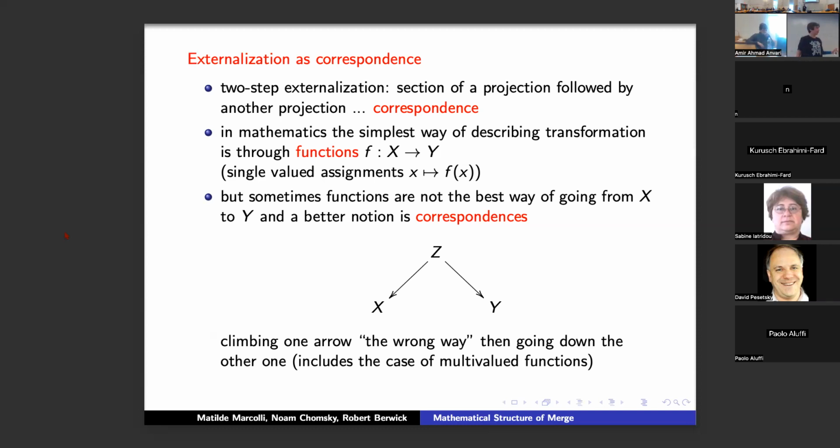So again, this construction is not strange. It is just an occurrence of the fact that functions are not always the best way of mapping things, and correspondences are often much better than functions. And this is an example where you have to do one of these things precisely because of the absence of a morphism of normals in the other direction.